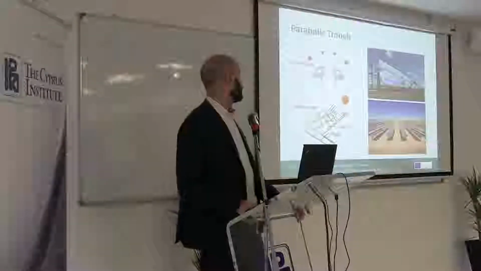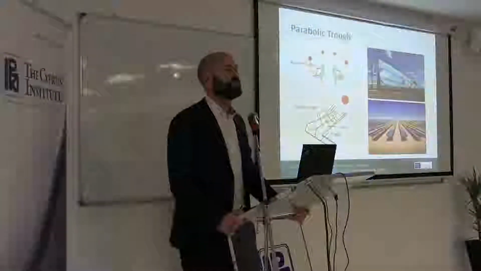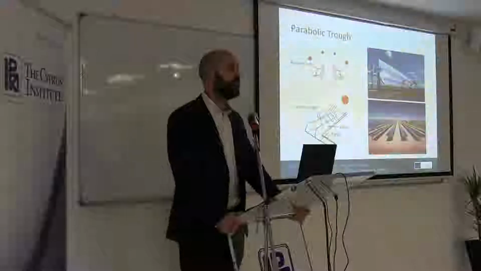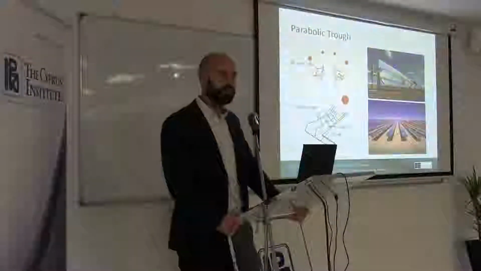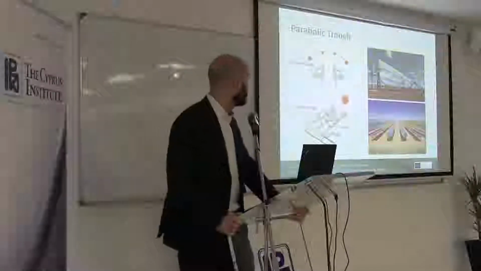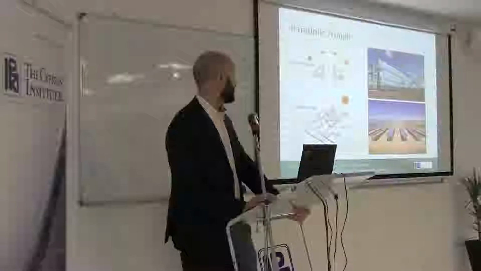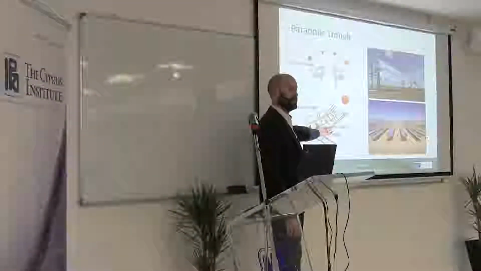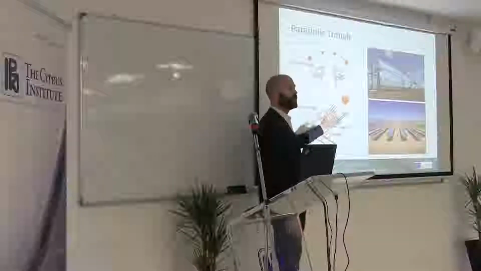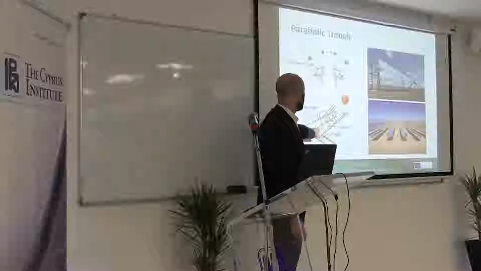Then we move to the parabolic troughs. Again, as I told you before, this is the technology that today makes up about 90% of the total installed capacity of concentrated solar power plants. And in this case, concentration is along a line. So the system is constituted by parabolic mirrors that are curved only along one axis, while they are linear on the other axis.